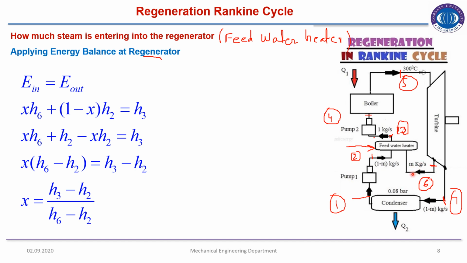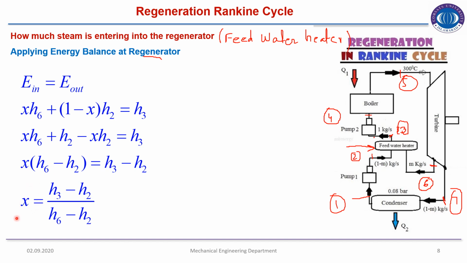So m kg per second of mass is entering through state 6 into the feed water heater, plus 1 minus m kg of mass is entering the feed water heater, is equal to H3 into 1. So 1 minus m plus m, the m will cancel out, and 1 kg of mass is exiting the feed water heater. So the main function is to calculate the value of x.